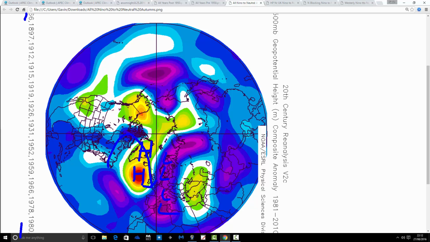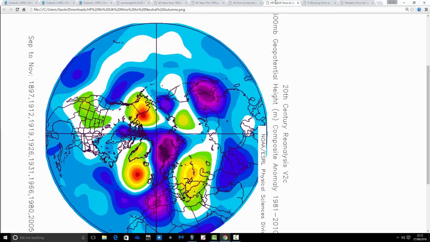But what James discovered is that throughout these autumns that are ENSO neutral coming out of El Nino, there's lots and lots of variations to the theme. So he broke down the autumns into various scenarios. So this is how the autumns look where we just have high pressure close to us. And these autumns go from 1897 all the way down to 2005.